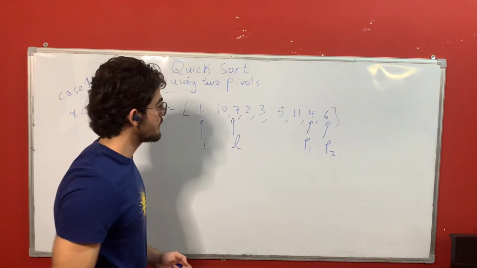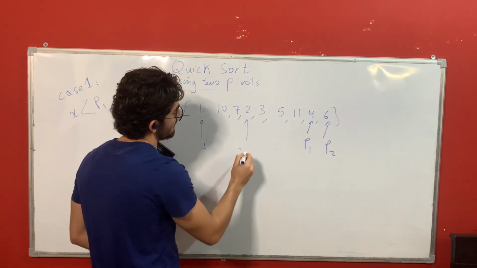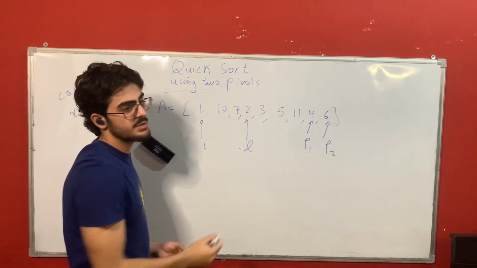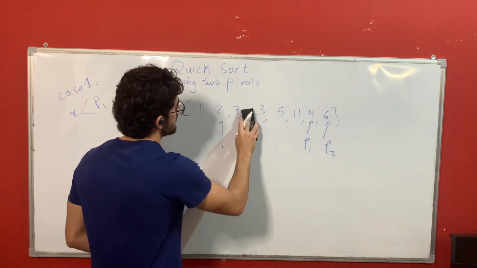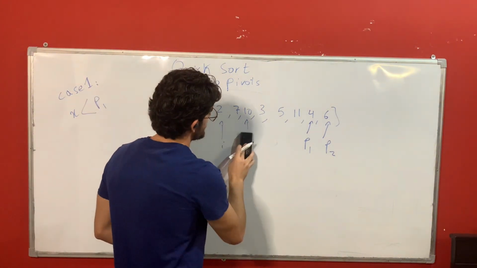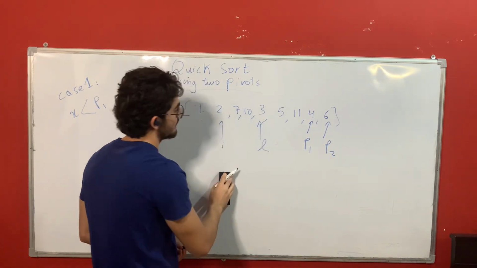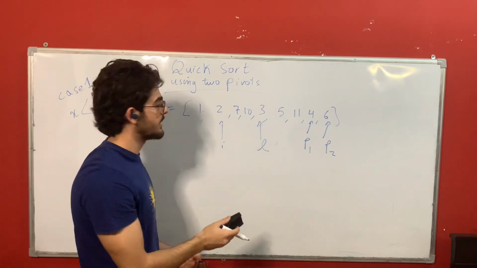We continue the for loop. L is now pointing to 2. 2 is also less than 4, so we swap. Also continue reaching 3. 3 is less than 4, so we increment I by 1 and we swap.